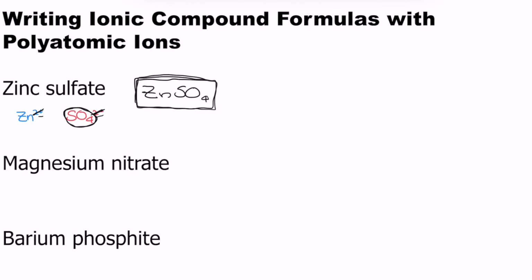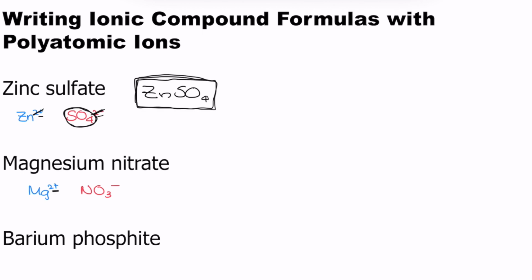So let's try it again with magnesium nitrate. Magnesium is in the second column of the periodic table, so it's a 2+ charge. And nitrate, hopefully you have that memorized as well, as NO3 with a -1 charge. So this is where it's a little bit different than what we did previously.